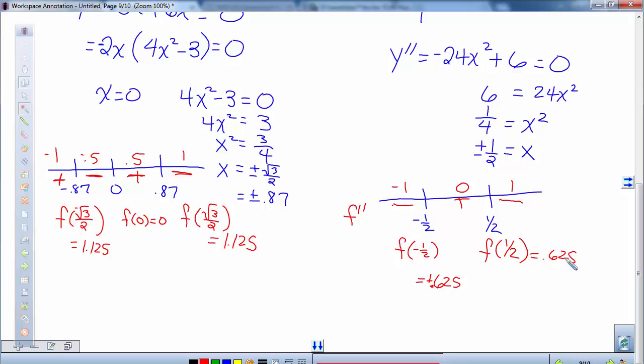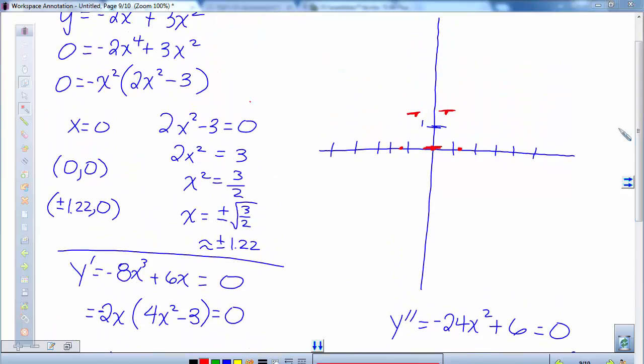All right, so if I plot these points, we've got -1/2. That's about in here. 0.625, so that's about here. And then plus 1/2, 0.625.